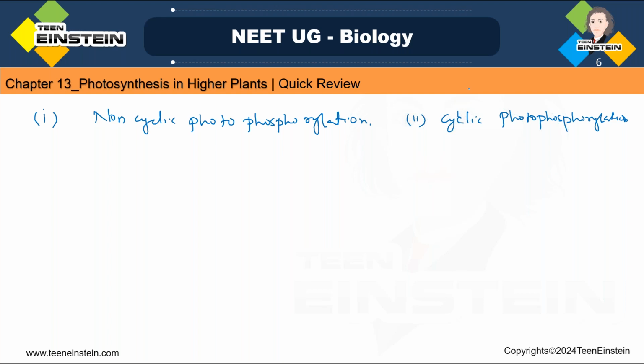So ATP is getting formed in these two ways, cyclic photophosphorylation and non-cyclic photophosphorylation.